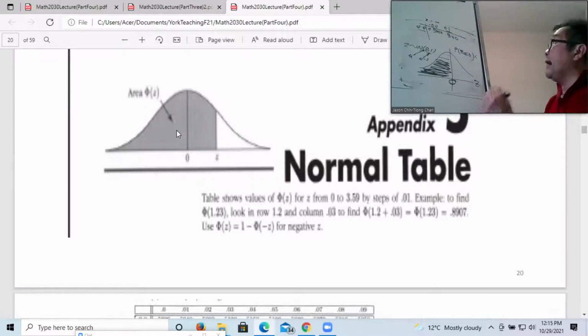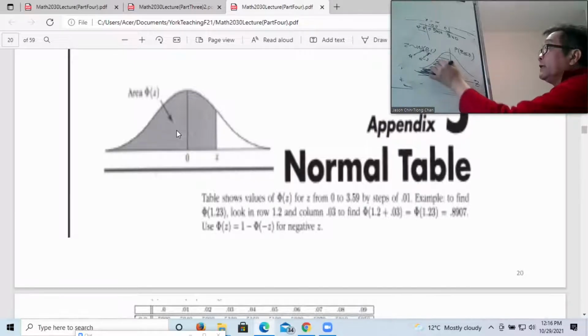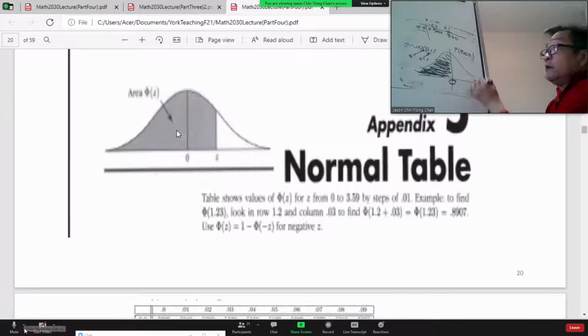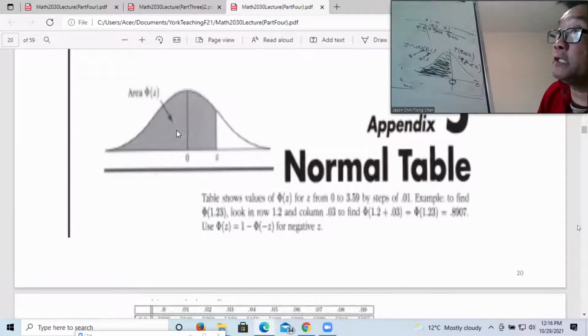Now, if my question asks you, what's the probability Z is less than or equal to 0? Is that this part? Yes or no? This one is equal to this one, because the normal probability distribution, or standard normal distribution, is continuous, which means both are the same.